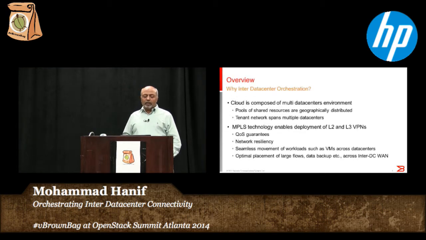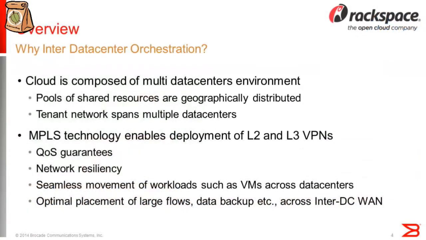So moving along, why inter-data center orchestration? One of the things basically you have to see is that cloud is not just one data center, right? Cloud is composed of multiple data centers, and that's entirely the motivation for this work. We view cloud as a pool of shared resources that are geographically distributed.